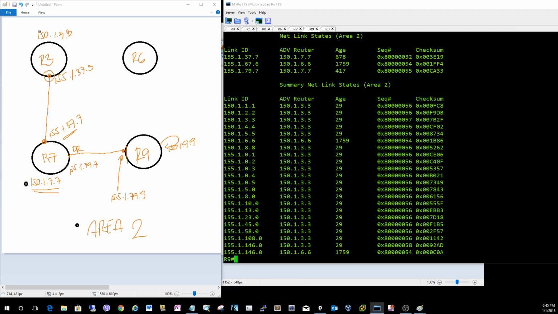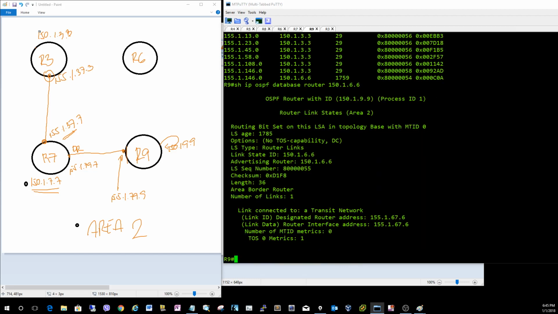You can do it a number of ways, so we'll just query the router itself. Show IP OSPF database router, then the router ID 6.6, and from that guy's perspective, again, he has one link for area 2, and the designated router for that link is 67.6.